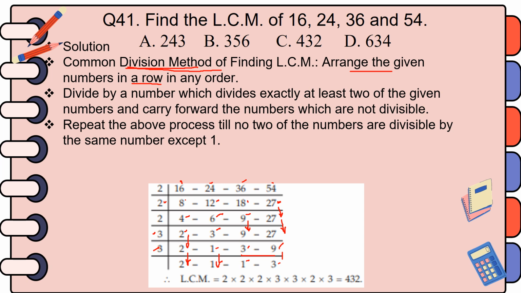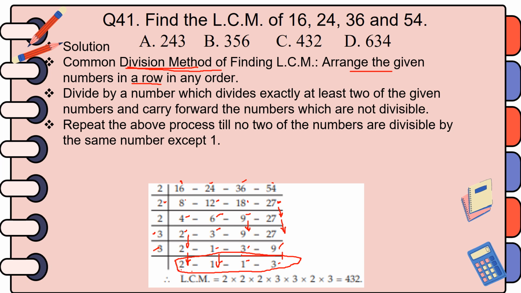And again, we have carried forward the number which is not divisible by that divisor, and we repeat the process of this method until we get no 2 numbers which are divisible by the same number. And on the last stage, here we are on the last stage, just take the numbers 2, 1, 1, and 3.